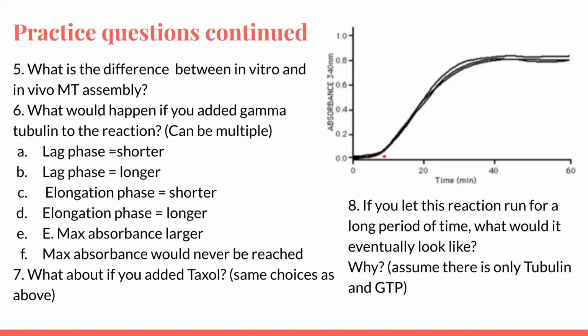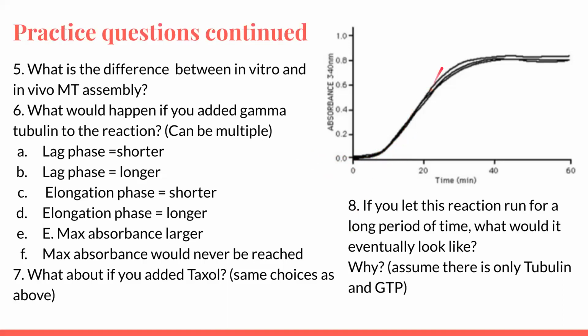Normally the lag phase is the amount of time, the pause, it takes for microtubules to get started. If you add gamma tubulin, that process would be faster because gamma tubulin helps to organize microtubules. So it wouldn't take as long to organize themselves, and then the lag phase would be shorter.